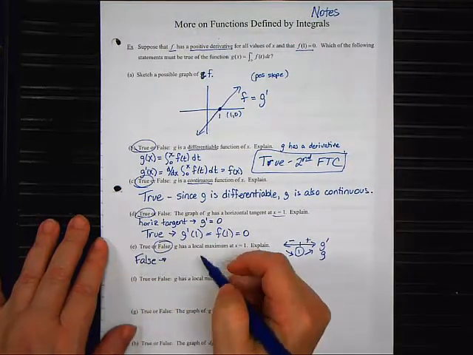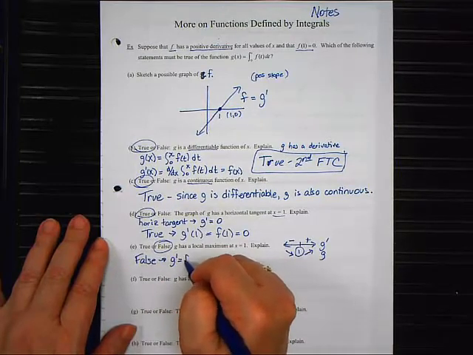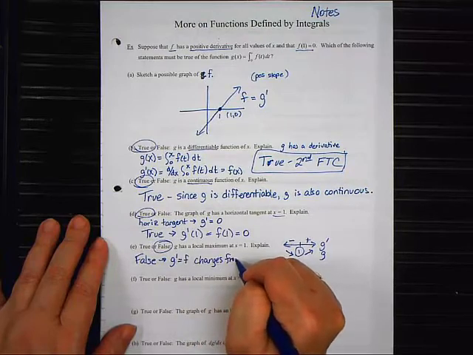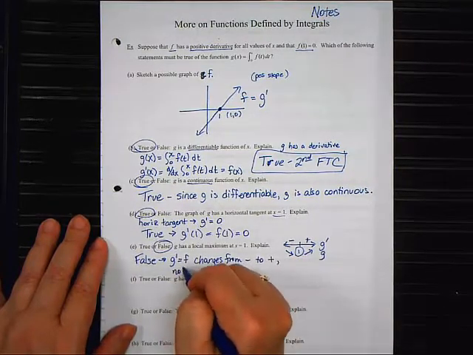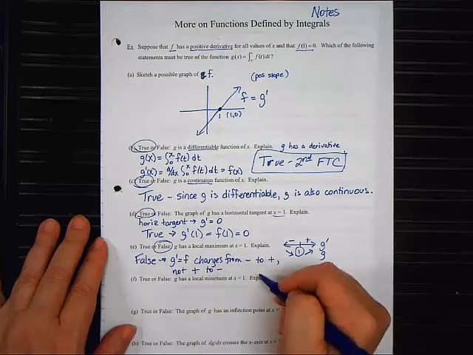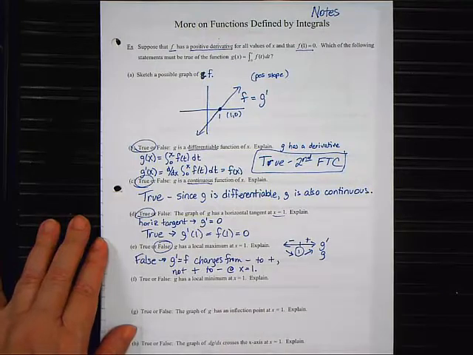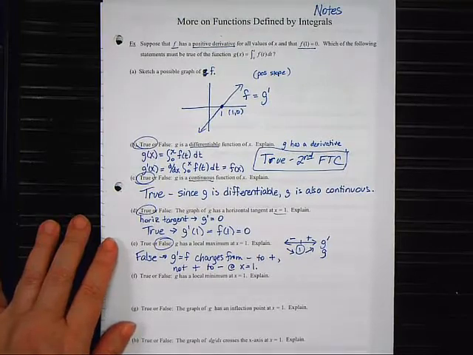So what do we write? Well, you can say that G prime, which is the same as F, changes from negative to positive, not positive to negative, at x equals 1. That's why it's not a max.